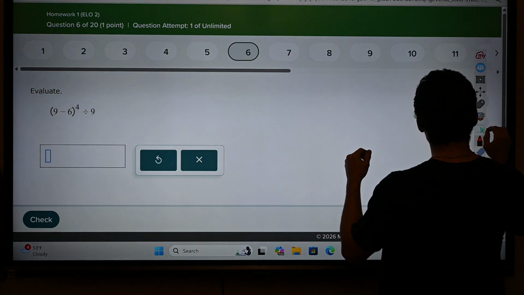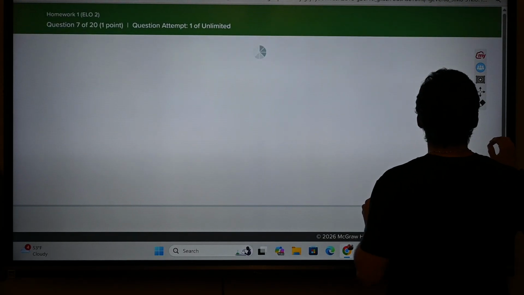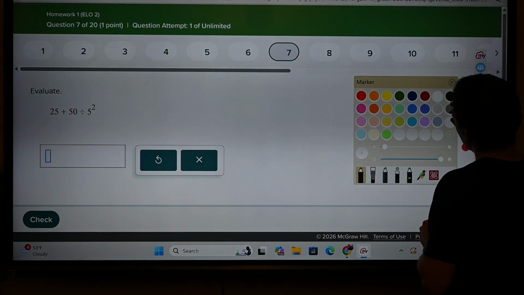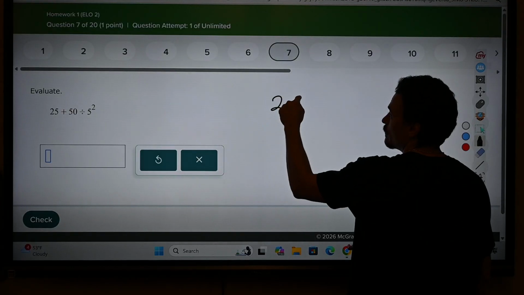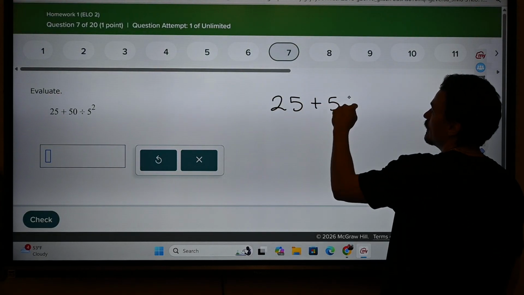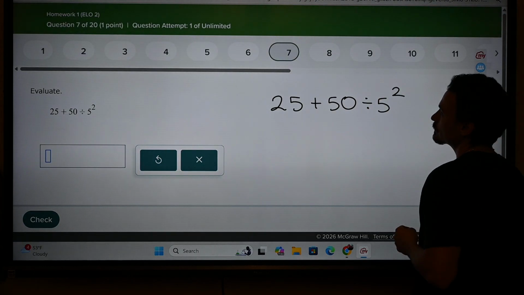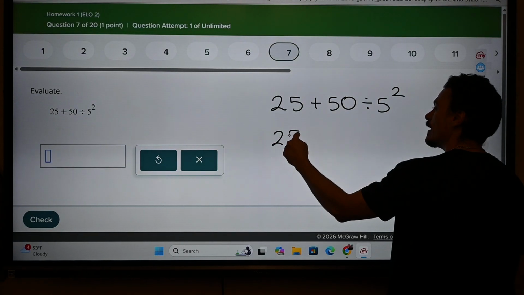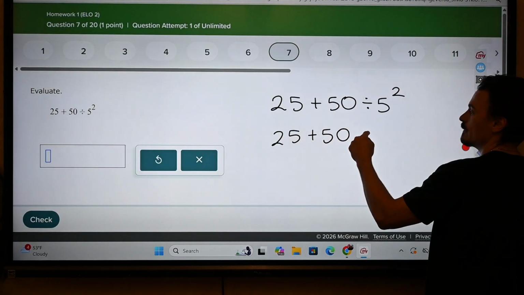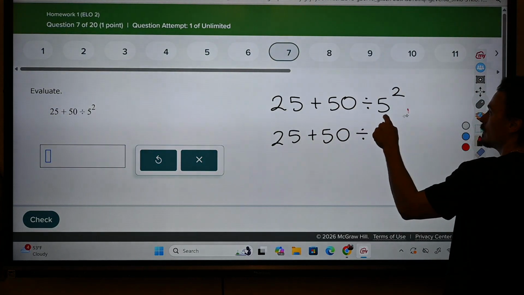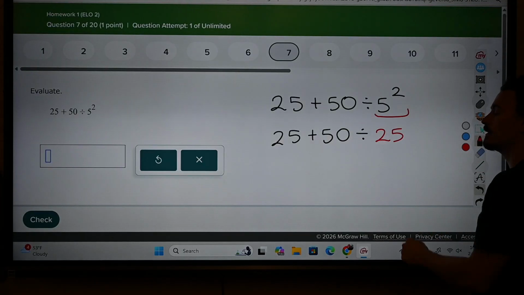For example, number 7 has no parentheses, but we do have 25 plus 50 divided by 5 to the second. So this would be 25 plus 50 divided by 25. That is not 10.